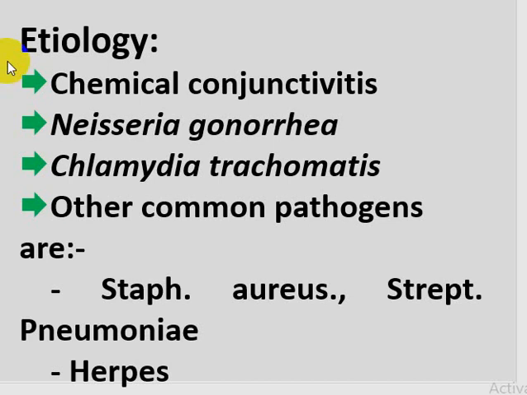Many bacteria or agents are responsible for ophthalmia neonatorum, like chemical conjunctivitis, Neisseria gonorrhoeae, Chlamydia trachomatis, and other pathogens like Staphylococcus aureus, Streptococcus pneumoniae, and herpes, which also may cause conjunctivitis.